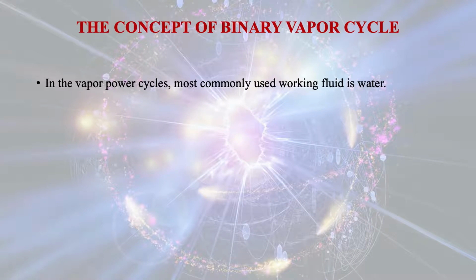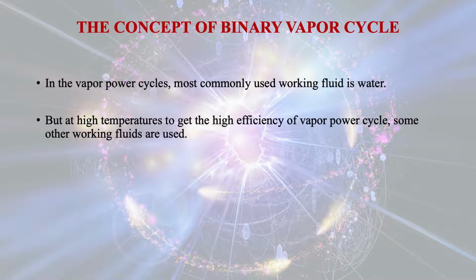Now let us see how we can have the binary vapor cycle so that we can get more efficiency than the Rankine vapor cycle. In the vapor power cycle, most commonly used working fluid is water, but at high temperature, to get the high efficiency of vapor power cycle, some other working fluids are used.